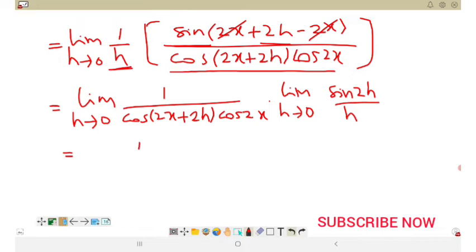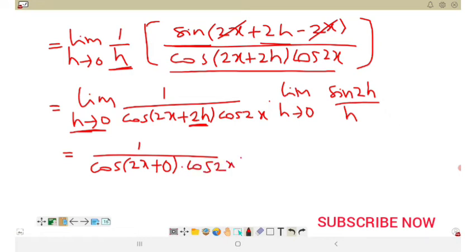Now substitute h equal to 0. So cos 2x plus 2 into 0, 0 into cos 2x. So here we have the limit of sin 2h by h. The limit as x tends to 0 of sin ax by x is equal to a.